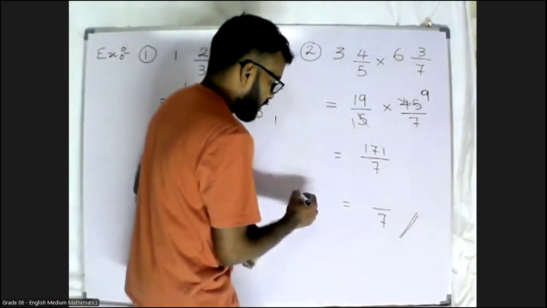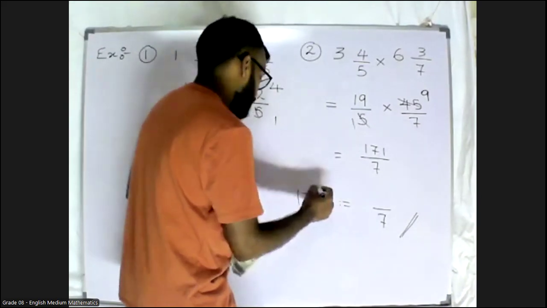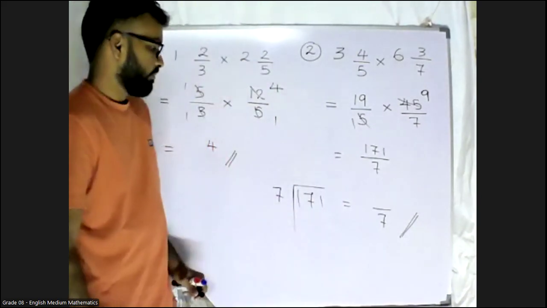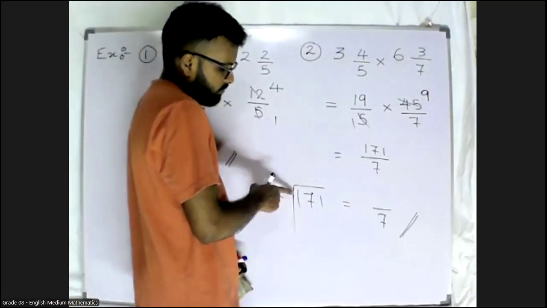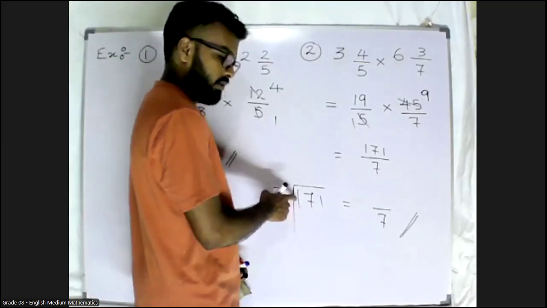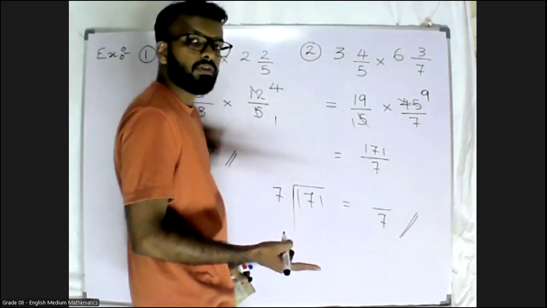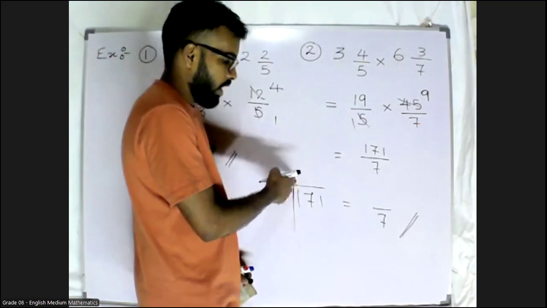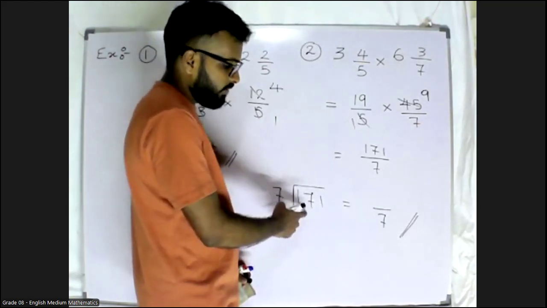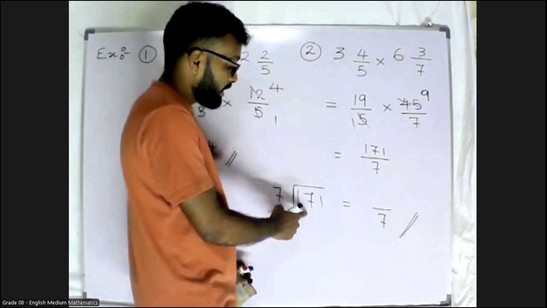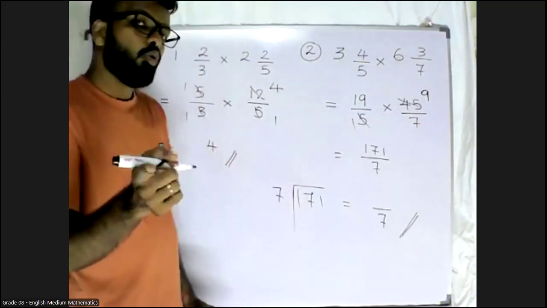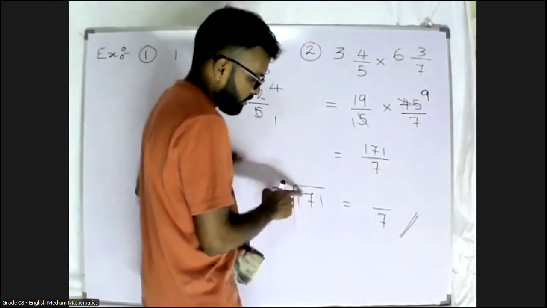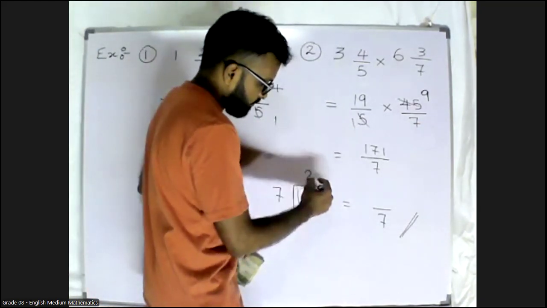Here you have 1, so there are no 7s for 1, so it is 0. I am not going to put it. So I will take the first two numbers, 17. How many 7s are there for 17? Only 2, right? I will put 2 here.